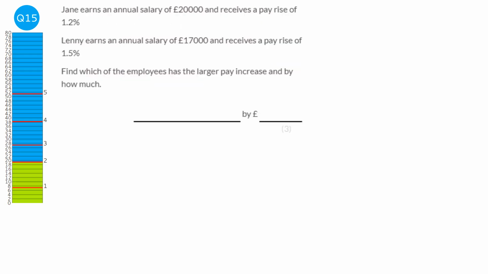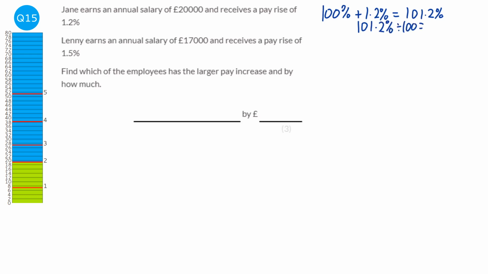So firstly, we're going to work out what the percentage increases are as a multiplier. So we start off with 100%. Jane has a 1.2% pay rise, and so that would be 101.2%, and we divide that by 100 to make it a multiplier.